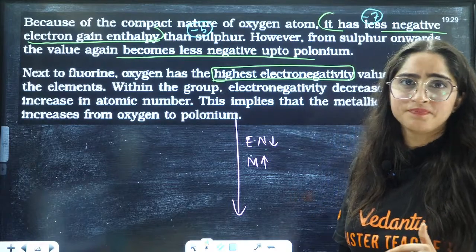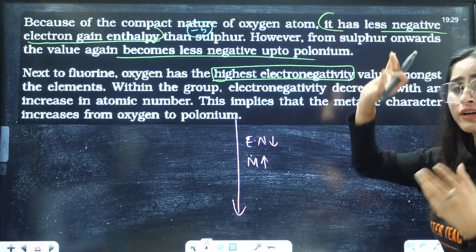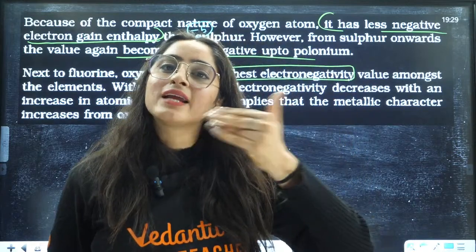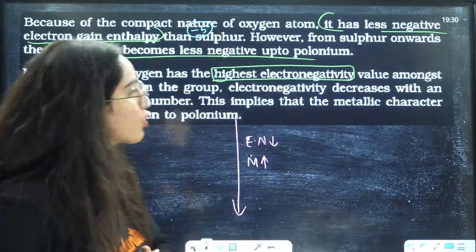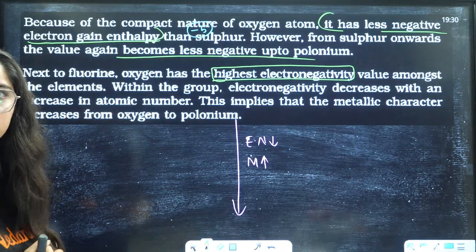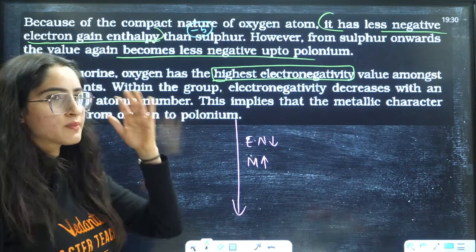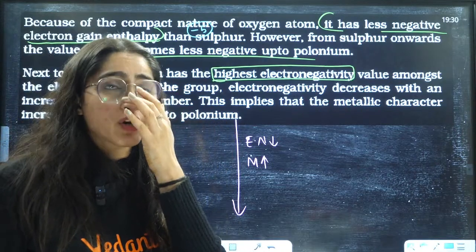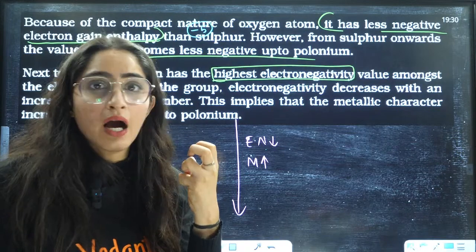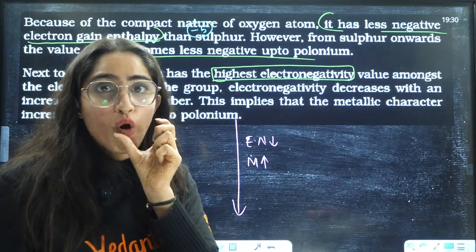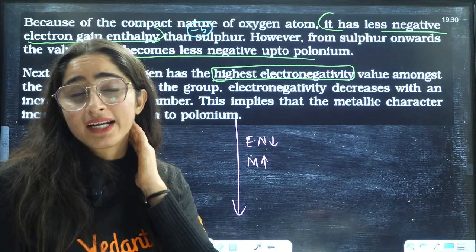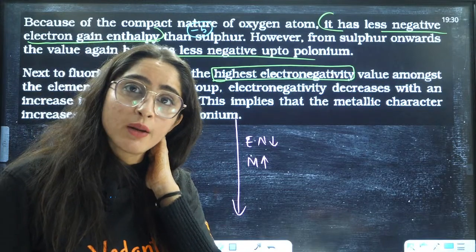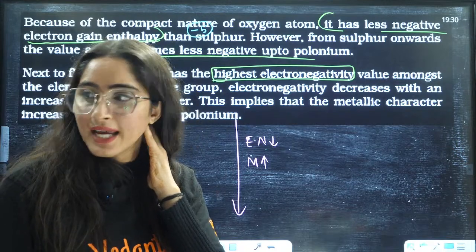Otherwise, electron gain enthalpy and affinity are the same thing, just with opposite signs. Negative just symbolizes negative, positive. When you talk about electron affinity, I am very hungry, so it is positive, meaning I want to have that food. So the electron gain enthalpy for that will be negative, right?